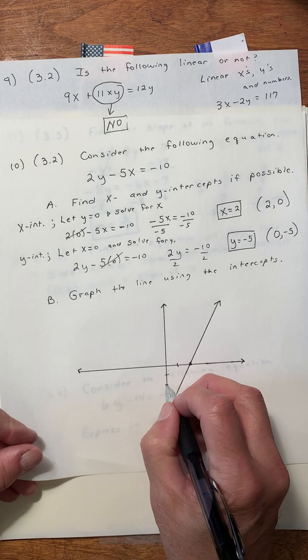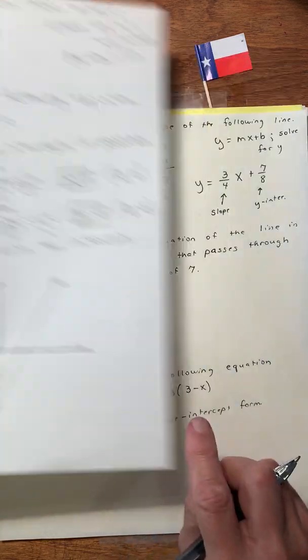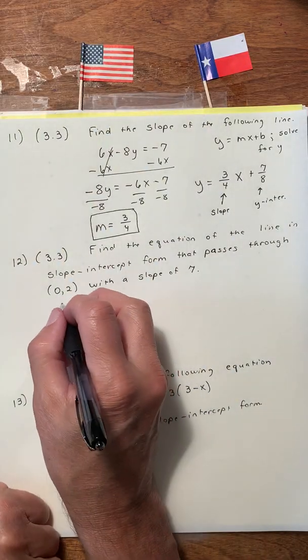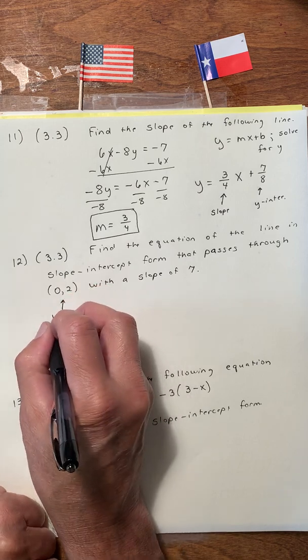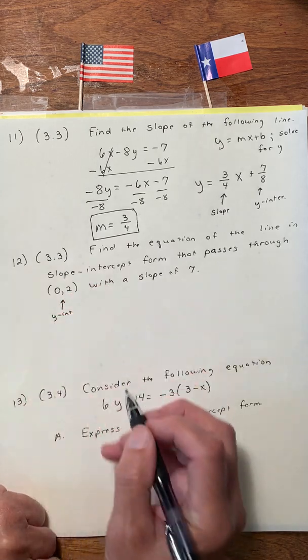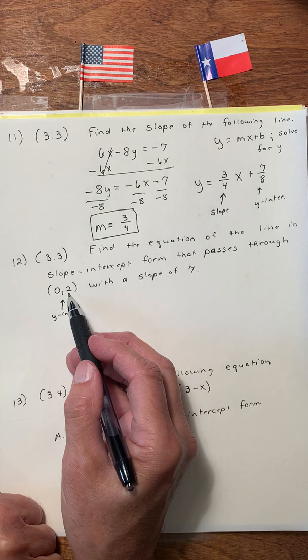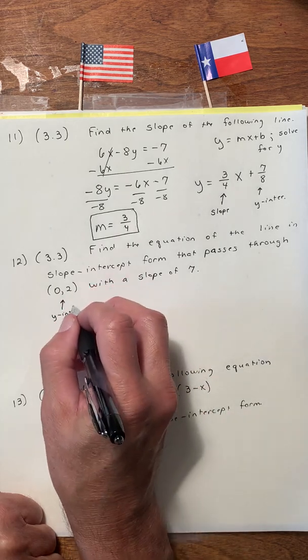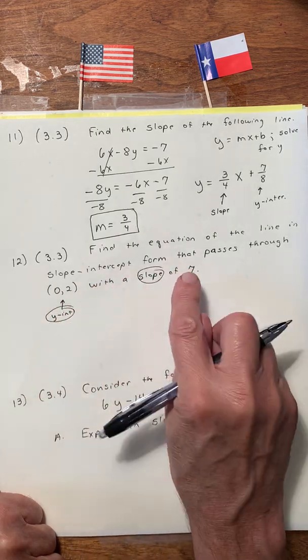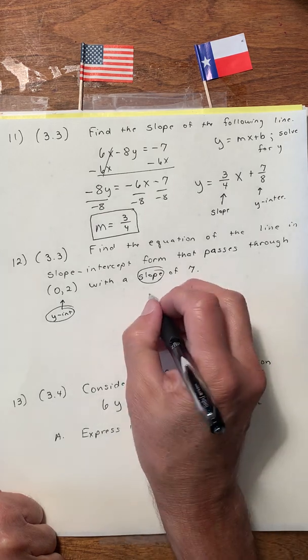This is a y-intercept. Oh my goodness. That means the y-intercept is 2. So I've got the y-intercept and I've got the slope.